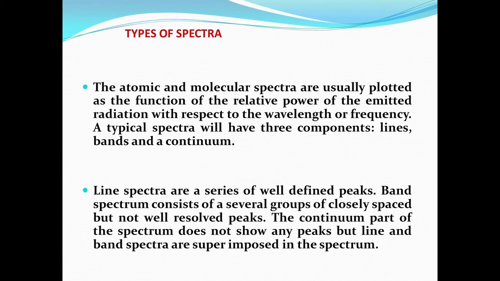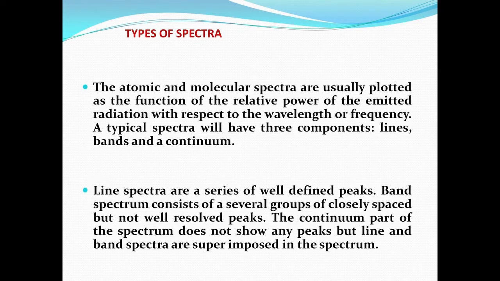It represents the function of the relative power of the emitted radiation with respect to wavelength or frequency. That means, I will plot the result of interaction in the form of electromagnetic radiation as one axis and absorption or emission as another axis, percent absorption, percent emission, etc.